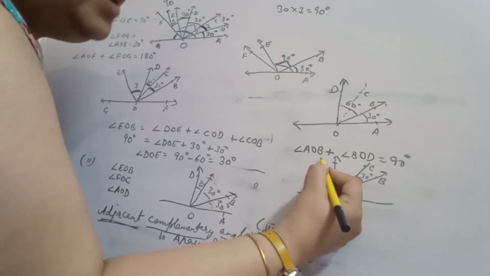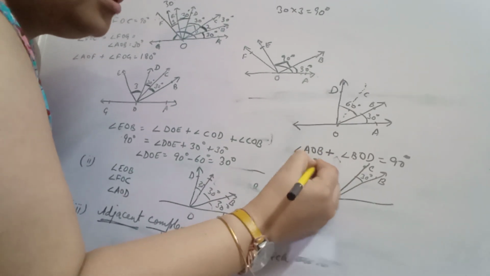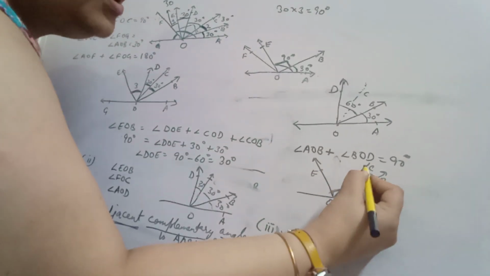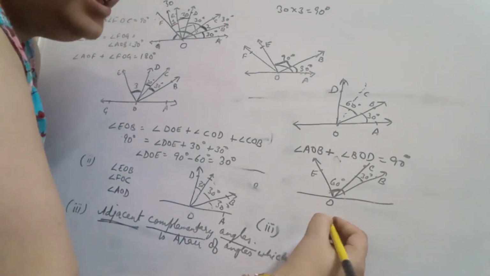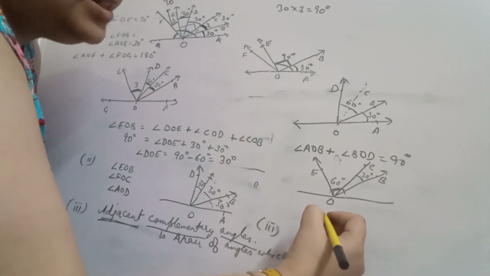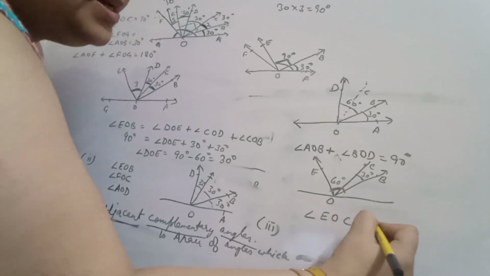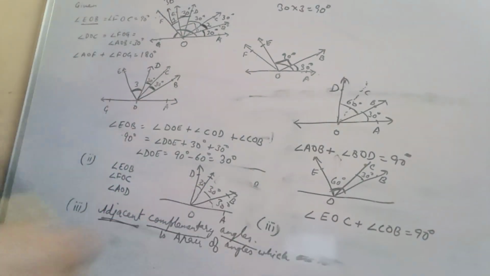So this would be my EOC. So this is 60 degree. 60 plus 30 would give you 90. So my next adjacent complementary angle is EOC plus angle COB. That is giving me 90 degree.